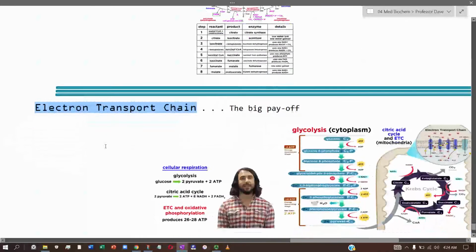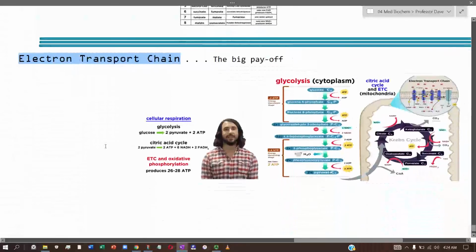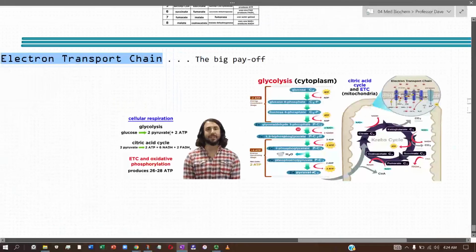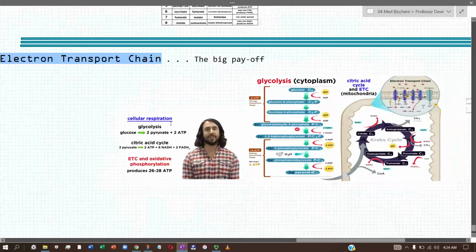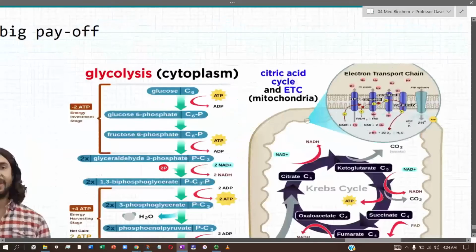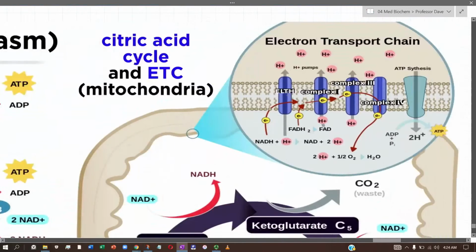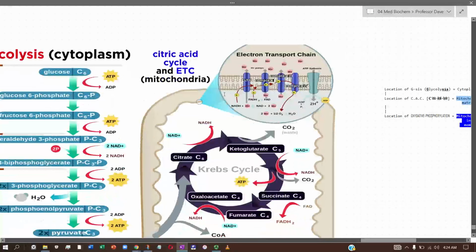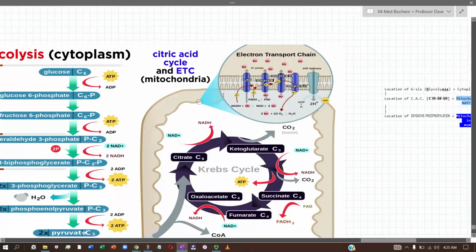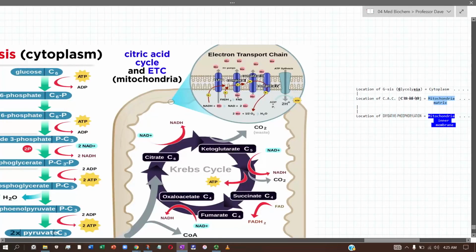Finally, we need to address the electron transport chain, the big payoff. So what's happening is a lot of stuff within the inner mitochondria membrane. And this part, he didn't cover too much in detail, but he did use the important key phrase, oxidative phosphorylation.